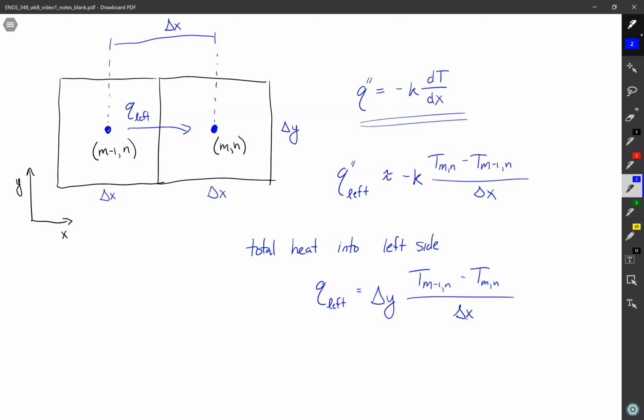And basically what I did is I took the negative sign that was in that equation before and multiplied that through, which switched T_m,n and T_m-1,n.